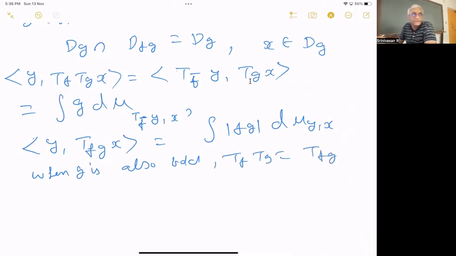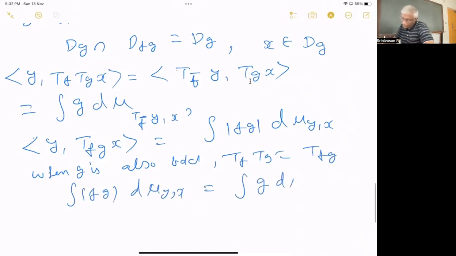They are bounded operators. So when G is bounded, the integral of mod G d mu YX is equal to the integral of G d mu TF bar, whatever I'm writing.